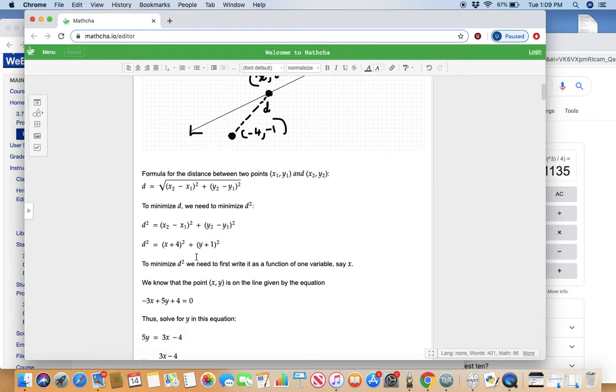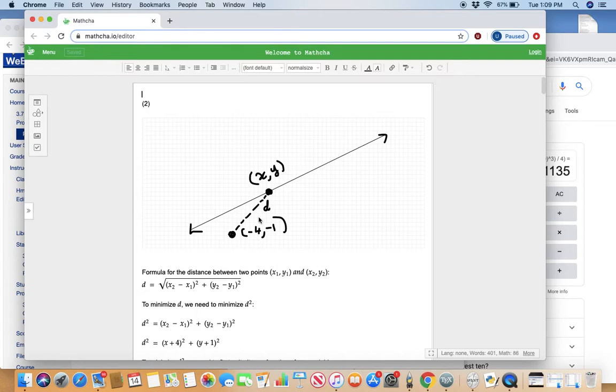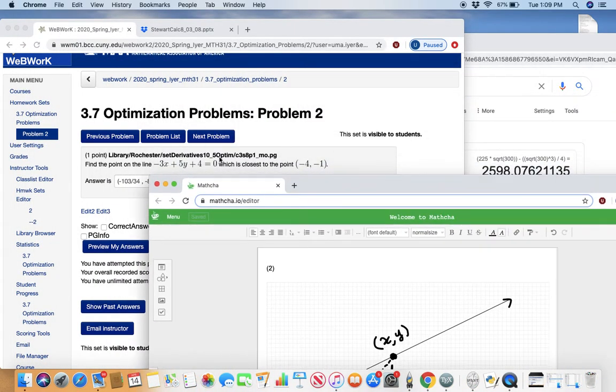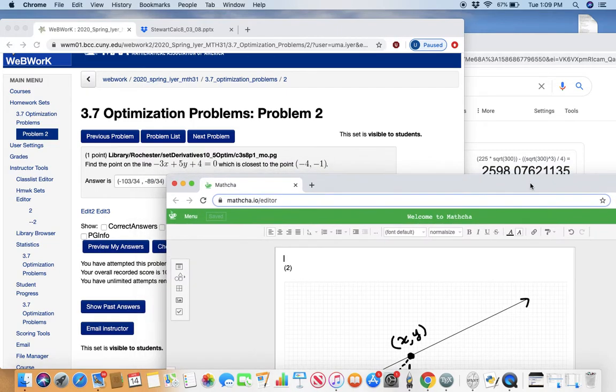Well, this is good, except we have 2 variables. So as in the previous problem, we will try to get only one of the variables taken care of. Okay, you want only a one variable function, not 2 variables. So how do I get rid of, say, y? Well, notice this point is on my line. And what is the equation of the line? Negative 3x plus 5y plus 4 equals 0. So I can use that fact.